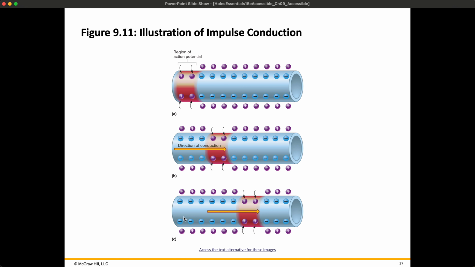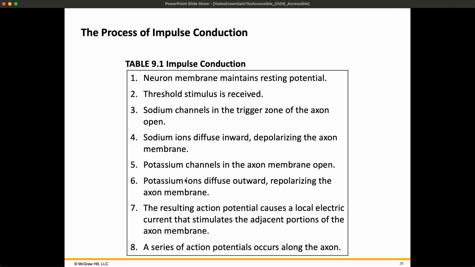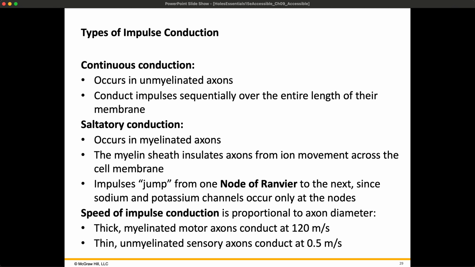Refraction is only a few milliseconds itself, but it's just enough time to make sure that the signal is going in one direction and then allowing the same area to be re-stimulated again. So here's just the steps of those written out if you want to read those. I'm not going to go reading through them because that's what they're there for.